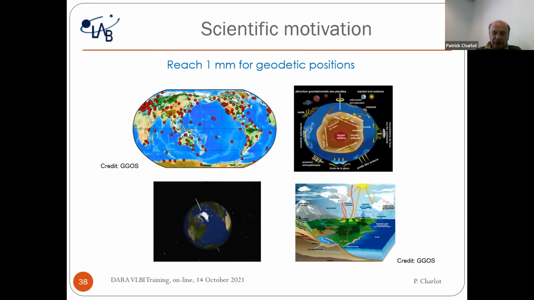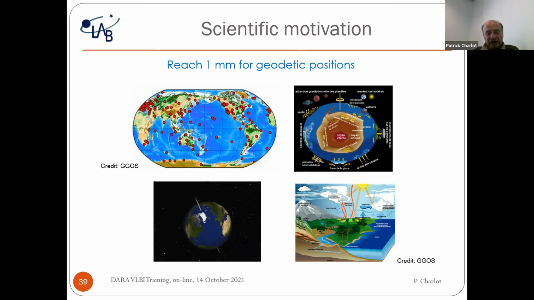So some years ago, there were some prospective discussions, and the goal was to reach 1 millimeter accuracy in the position of the geodetic sites on the Earth. This is a goal that we want to achieve.